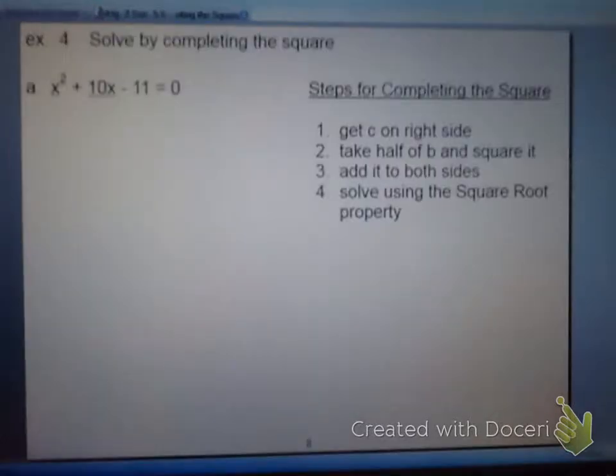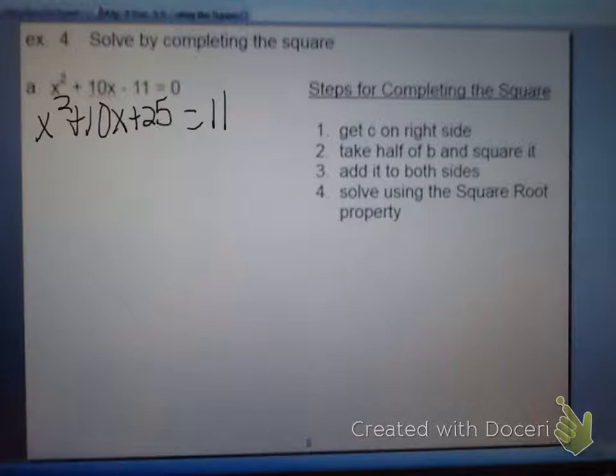Example 4, solve by completing the square. I can see right away that 11 is not a perfect square. So I need to force the left side to be a perfect square, and to do that, I've got to get C on the right side. So I'm going to add C. Now I'm going to take half of 10, which is 5, square it is 25, and add 25 to both sides.